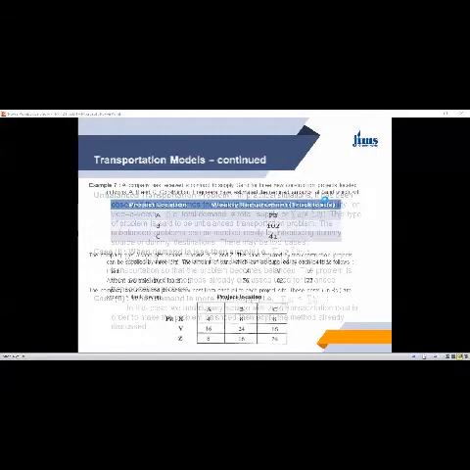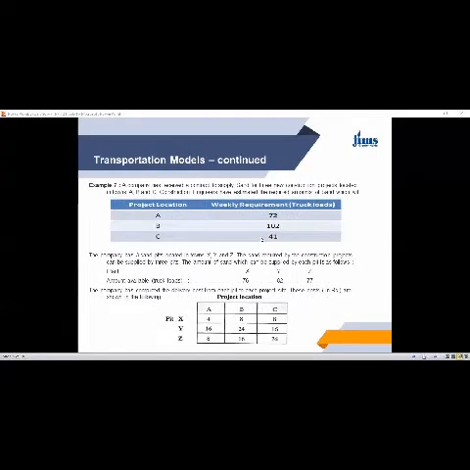So now let us consider a problem where a company has received a contract to supply sand for 3 project sites A, B, and C, and the construction engineers have estimated the requirement of sand at these three locations: location A will require 72 truckloads, B will require 102 truckloads, and C will require 41 truckloads of sand.